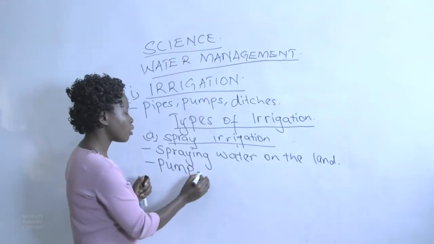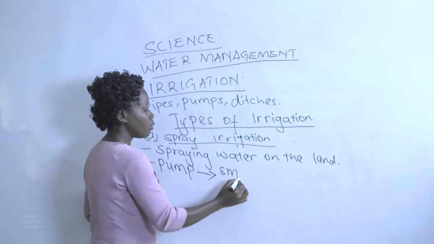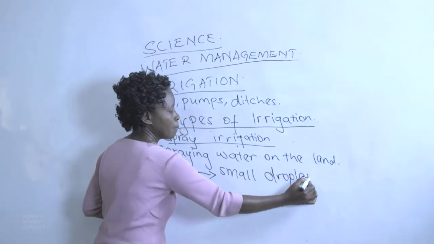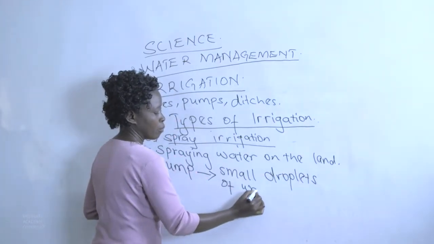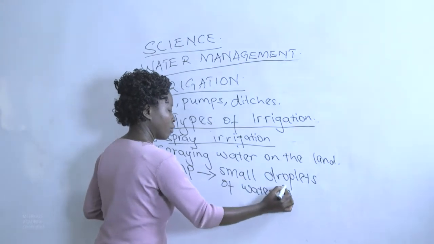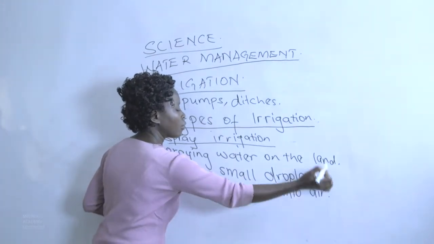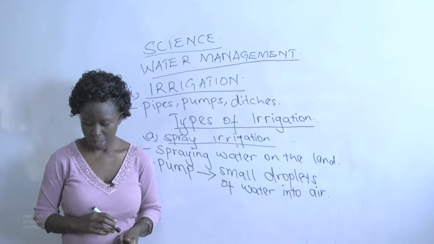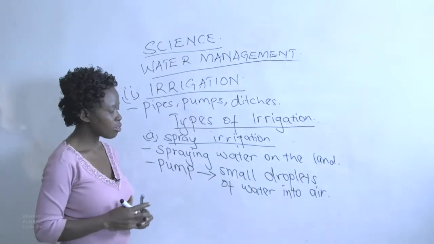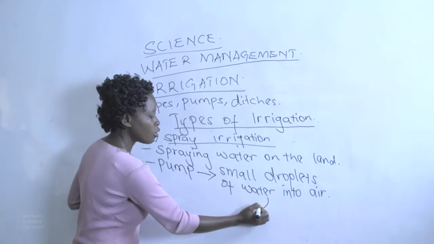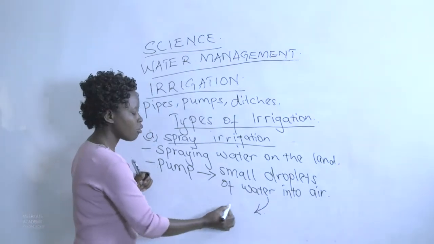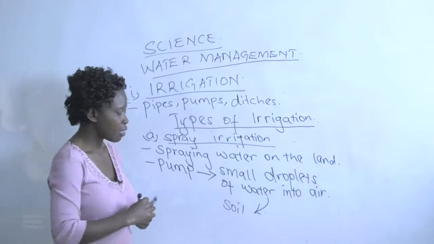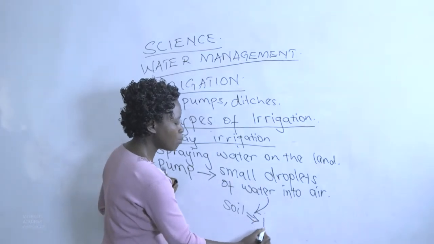So a pump forces small droplets of water, then this water falls on the soil. The droplets of water that have been forced by the pump fall on the soil, and after they fall on the soil, what will happen is the water will percolate.